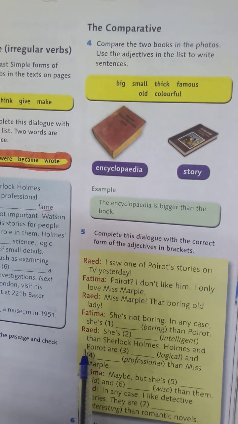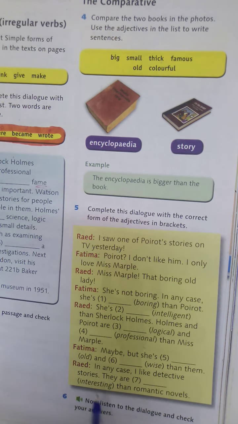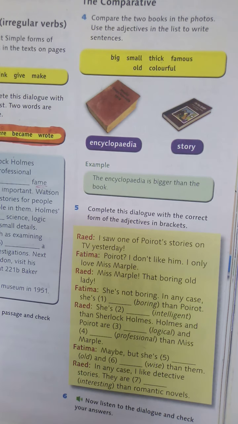Ra'id, she's less intelligent than Sherlock Holmes. Holmes and Poirot are more logical and more professional than Miss Marple. Fatima, maybe, but she's older and wiser than them. Ra'id, in any case, I like detective stories. They are more interesting than romantic novels. Now we finished this lesson.